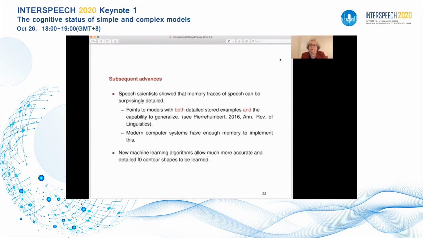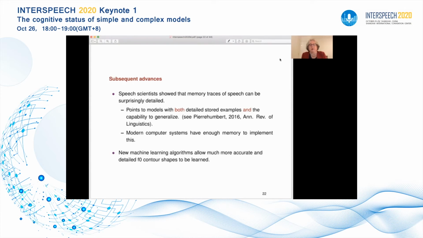Now, again, there have been some significant advances since that theory was put together. So first of all, detailed experiments by speech scientists showed that memory traces of speech can be surprisingly detailed, much more detailed than the very minimized representations that we were working with in the 80s.